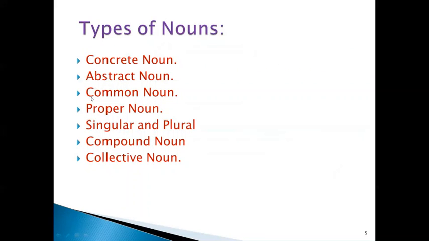The third is common noun. And the fourth is proper noun. And also we have singular and plural forms. And here we are going to study also the regular nouns and irregular nouns. Besides that, we will talk about compound noun and collective noun.